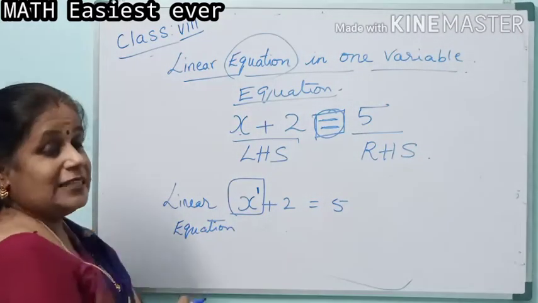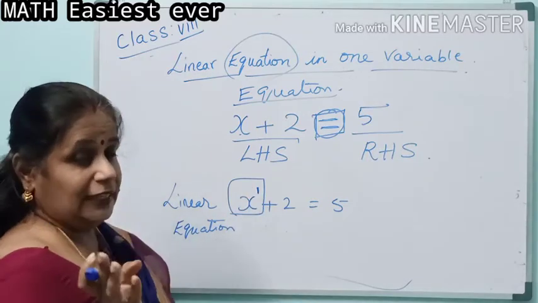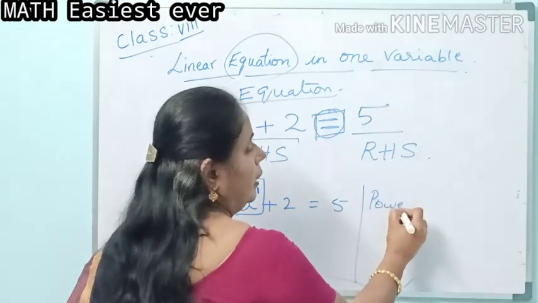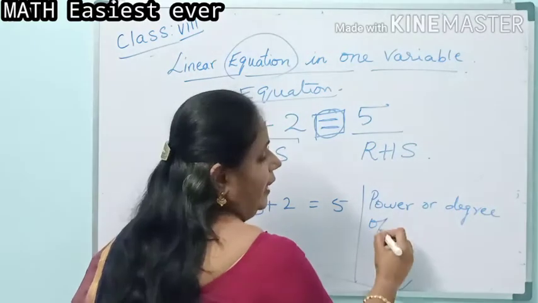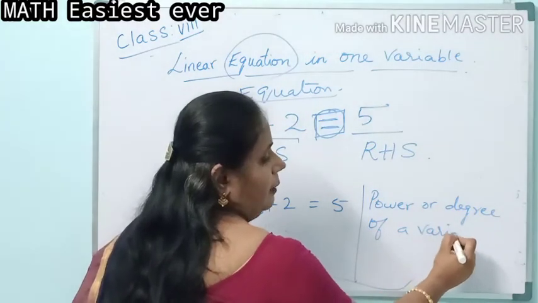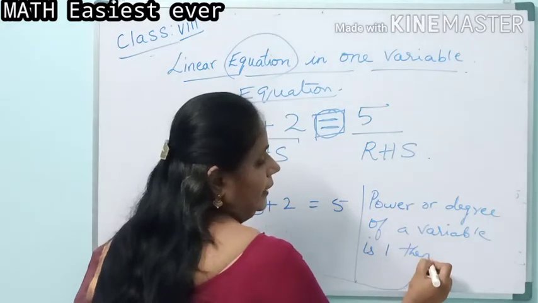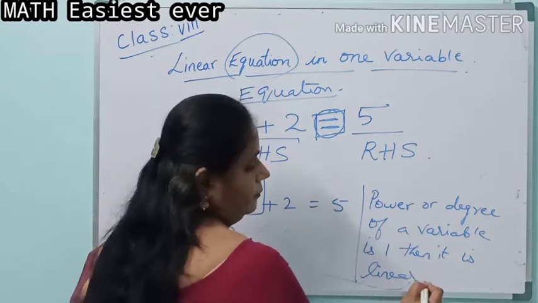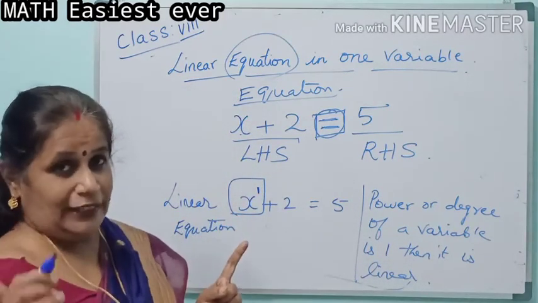Linear equation means the power or degree. The other name is degree. You write this: the power or degree of a variable is 1, then it is called a linear equation.